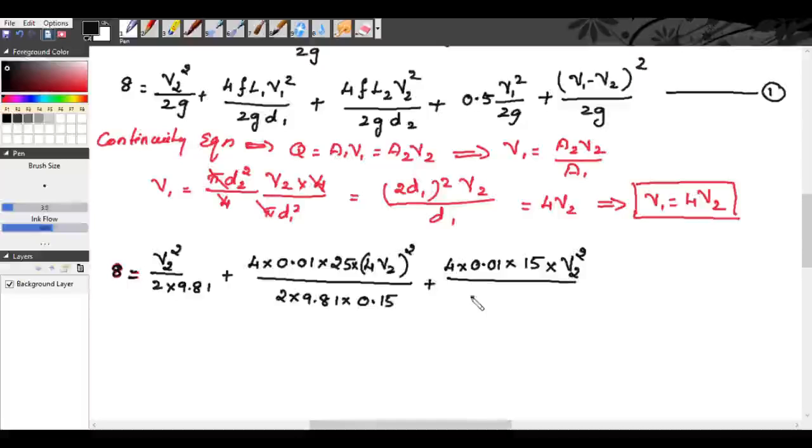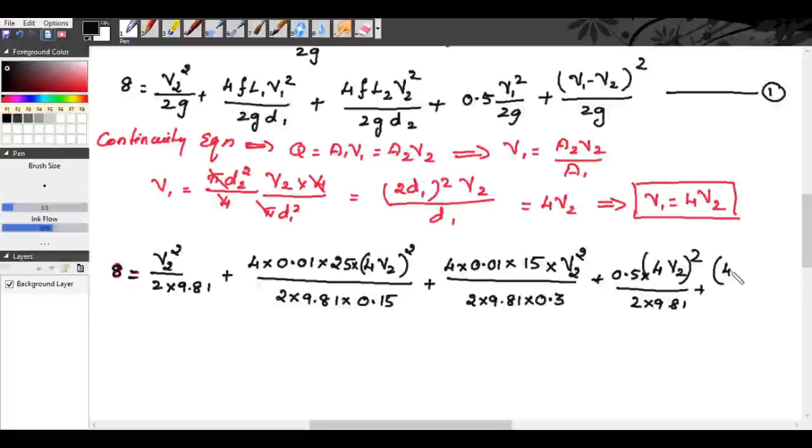divided by 2 into 9.81 into D2 is 30 centimeter, so it is 0.3 meter, diameter of pipe 2, plus 0.5 into V1 square. V1 is 4 times V2 the whole square divided by 2 into 9.81 plus V1 minus V2.